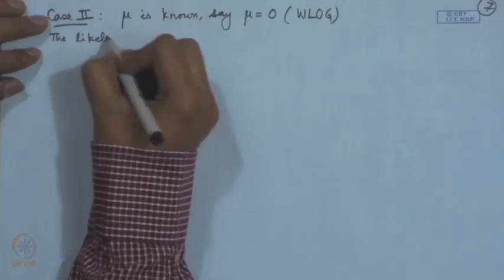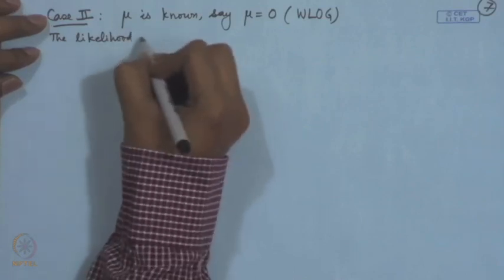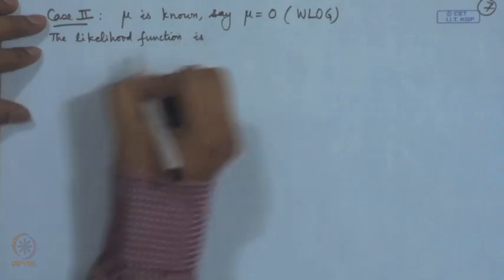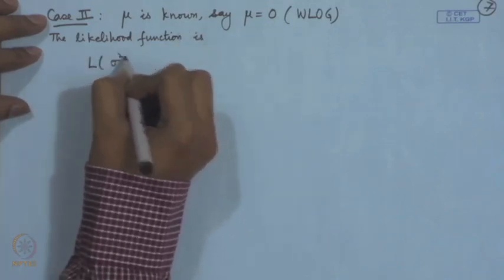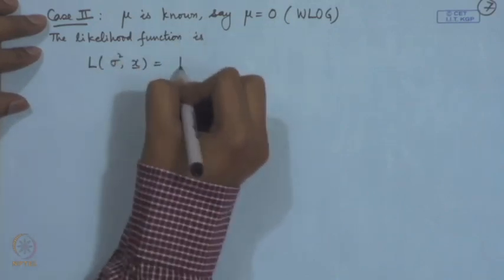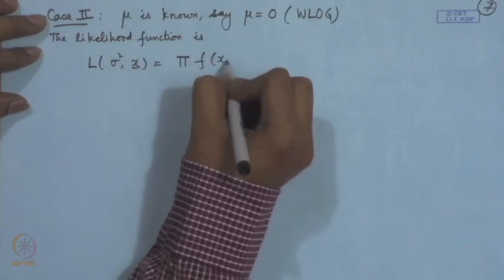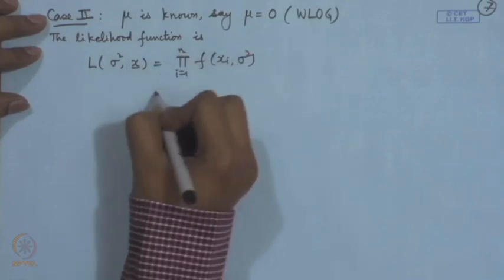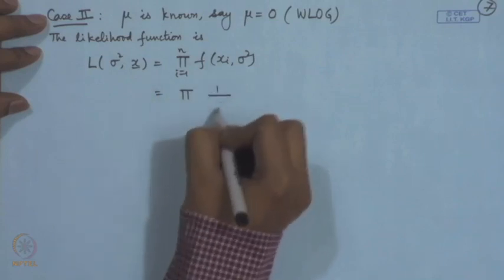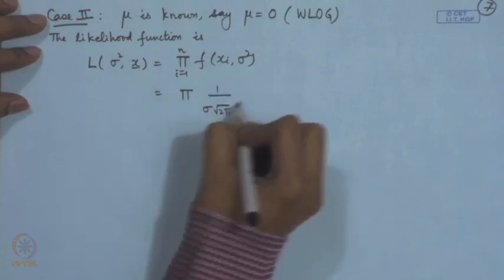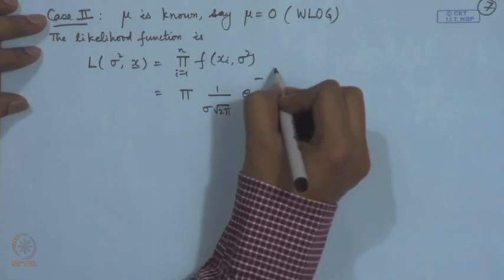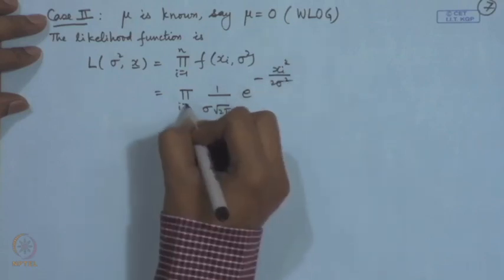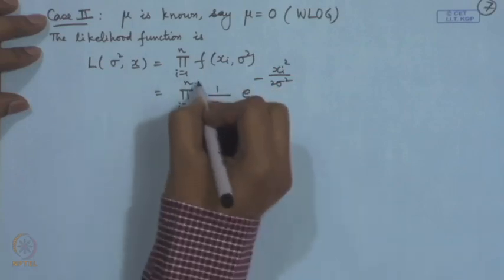So, the likelihood function is the product of the density functions of x 1, x 2, x n, that is equal to 1 by sigma root 2 pi e to the power minus x i square by 2 sigma square, i is equal to 1 to n.